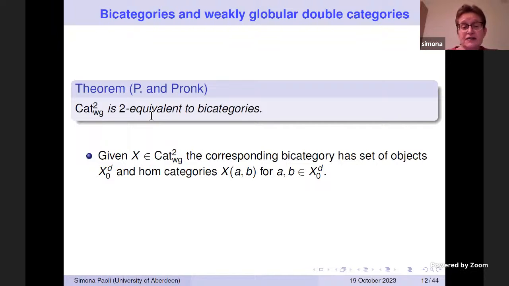There is actually a generalization of this to higher dimension, which is what I did in my book. So there is a category of Cat-n weakly globular, which is a model of weakened n-categories because it does satisfy the homotopy hypothesis. But this was the basic case that was very important to get started.